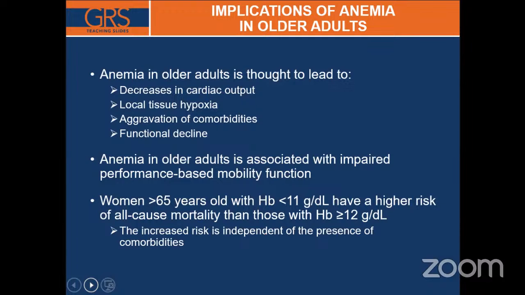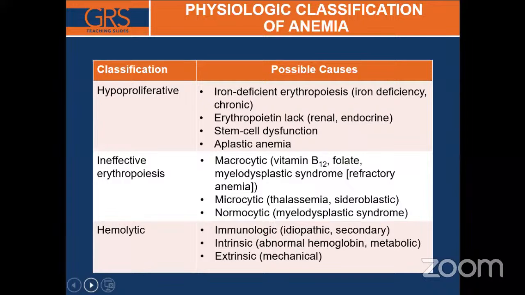Physiologic classification of anemia. How to classify anemia? Hypoproliferative anemia and the possible causes of it: iron deficient erythropoiesis. This results from iron deficiency or chronic blood loss. Erythropoietin deficiency, and this is caused by renal or endocrine issues leading to insufficient erythropoietin production.